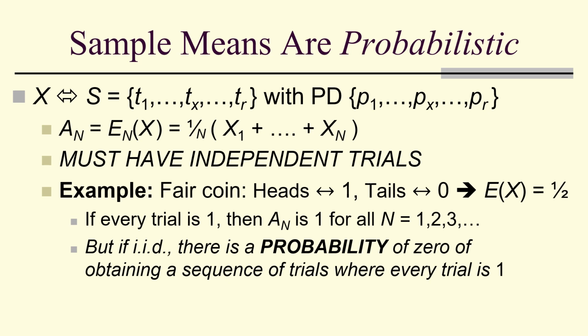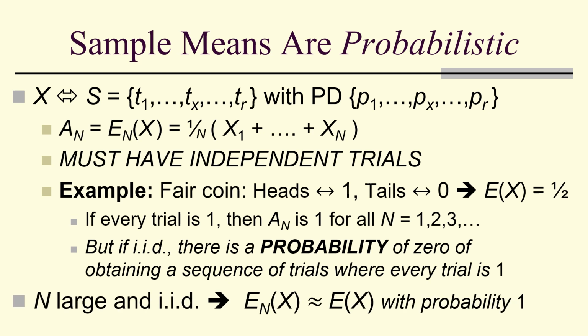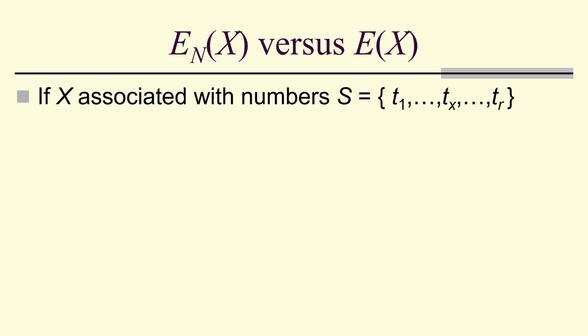So even though we could imagine all the trials being 1, there's a probability of 0 that it would actually happen as long as we have independence. So therefore, we can say that if n is large and the trials are IID, then the sample mean is approximately the expected value with probability 1.